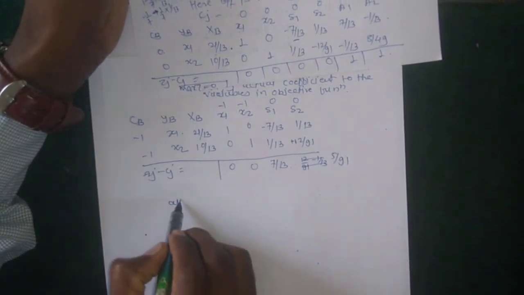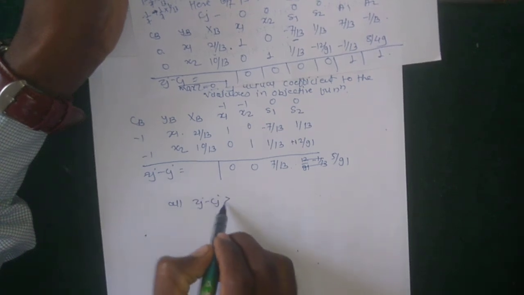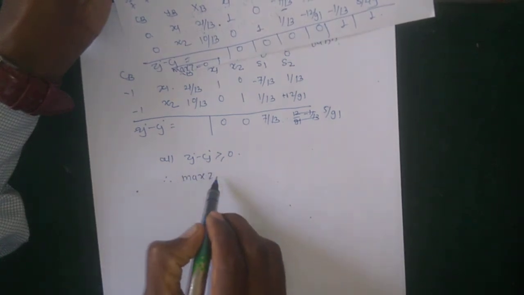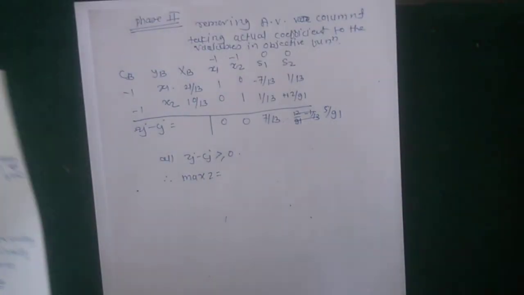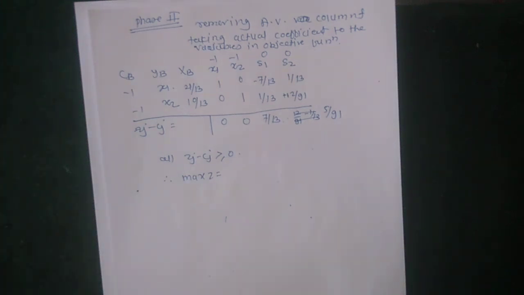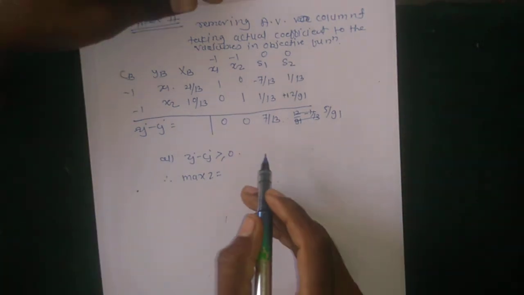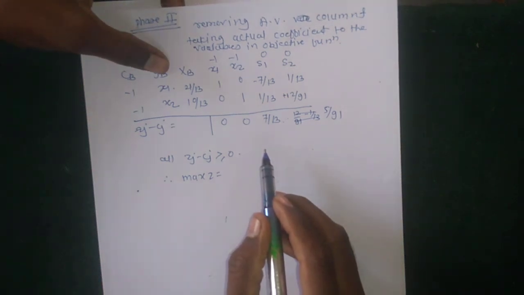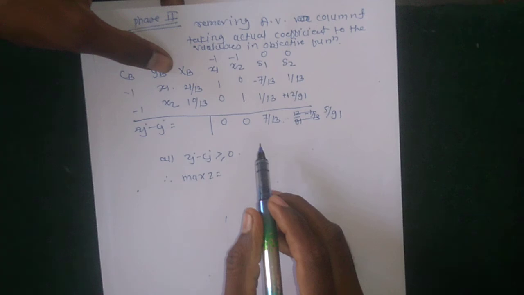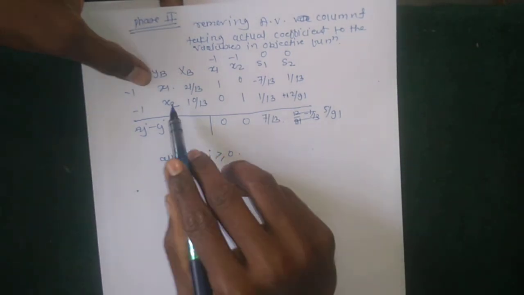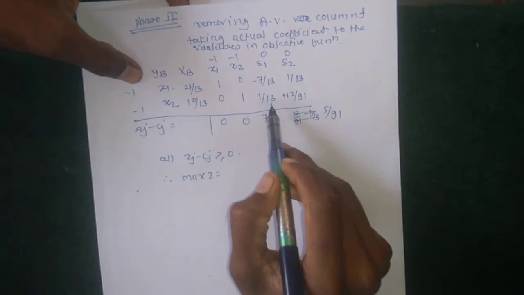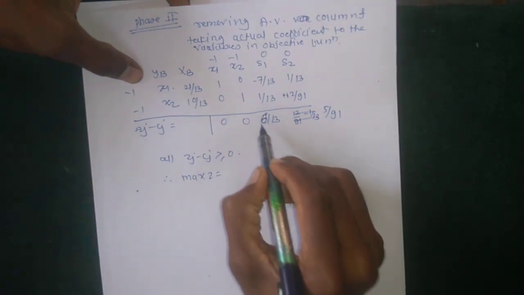So here all Zj minus Cj are greater than or equal to 0, and therefore maximum Z is equal to... by using our simplex method, maximum Z is equal to... sorry, here one is remaining, minus 7 plus 7 upon 13 minus 1 upon 13, this is 6 upon 13.